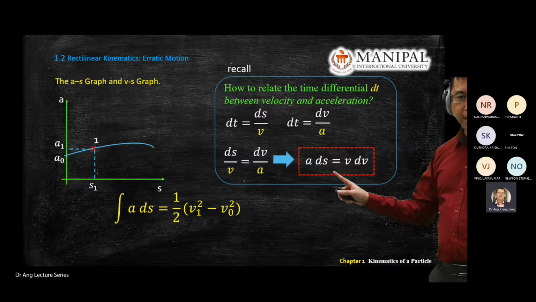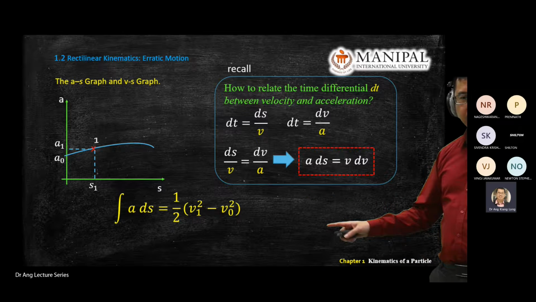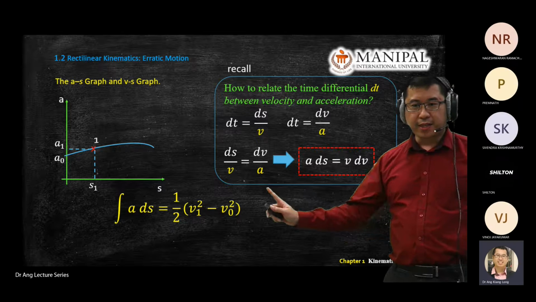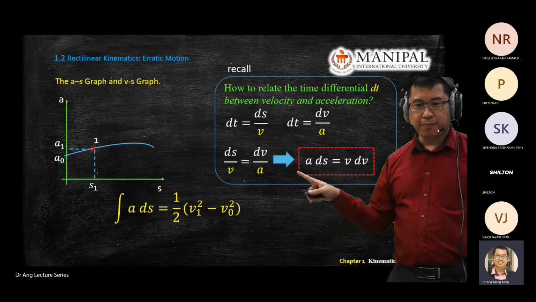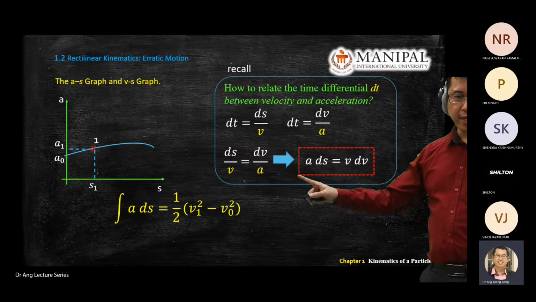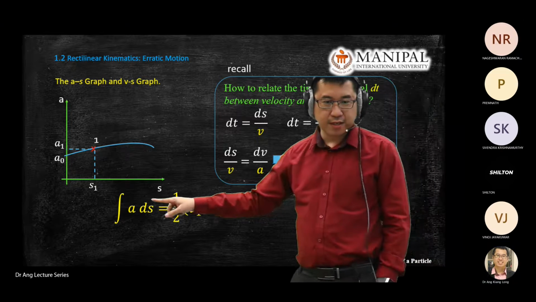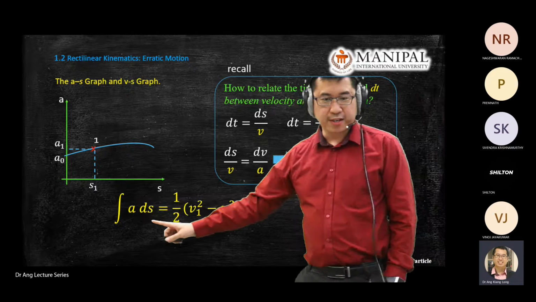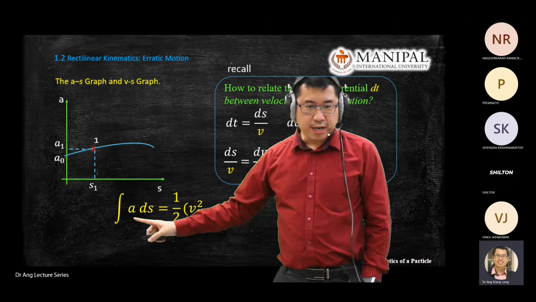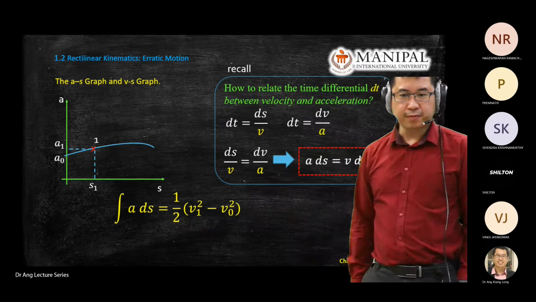Here to here may be a little bit fast for you, so I'll give you maybe 10 seconds to process the information. When you integrate a ds, you get the far right, and you can get this one and this one.